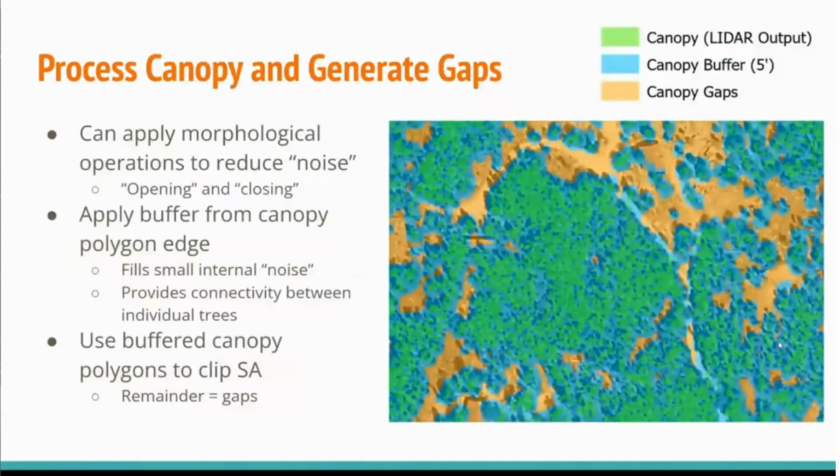What we did was apply a buffer to the edge of the canopy, and 5 feet is what we used by default. And in this picture, you can see that buffer was used to clip out the remainder space to identify gaps. So the green's the canopy, the blue is the 5-foot buffer off the canopy, and the orange is the gaps.